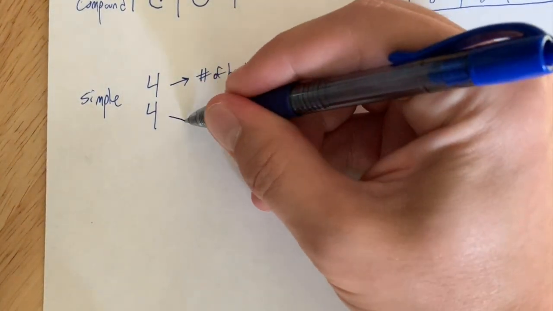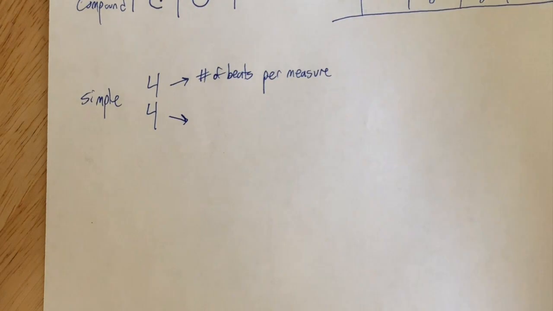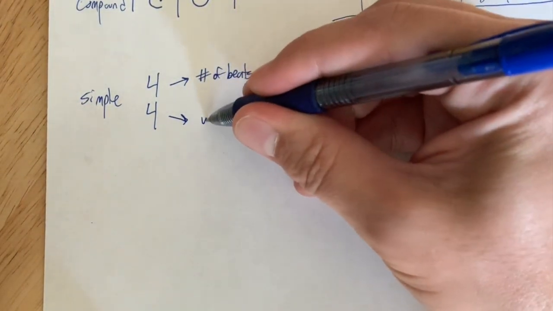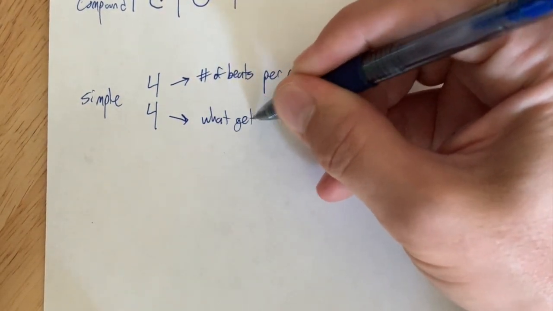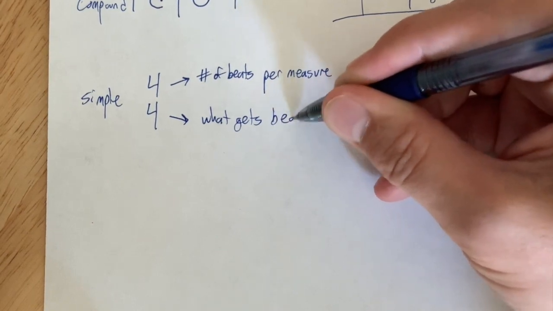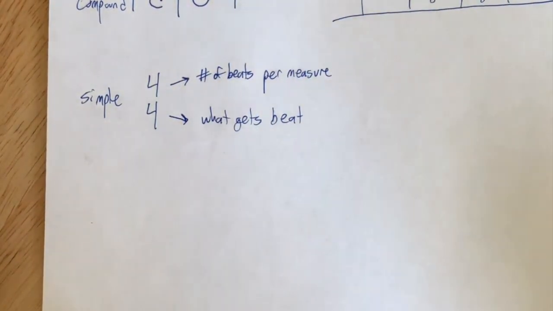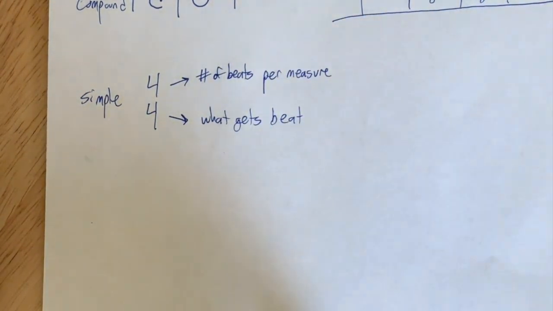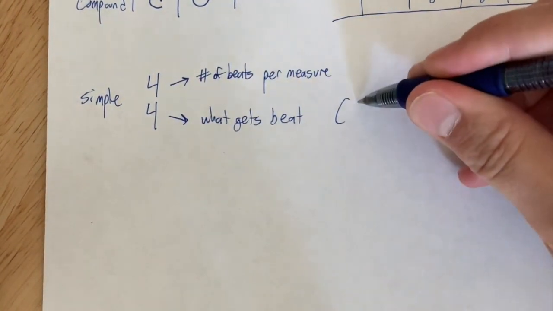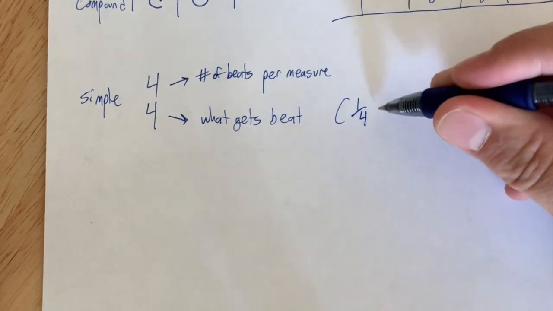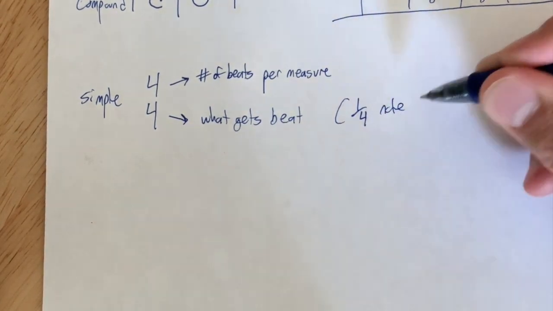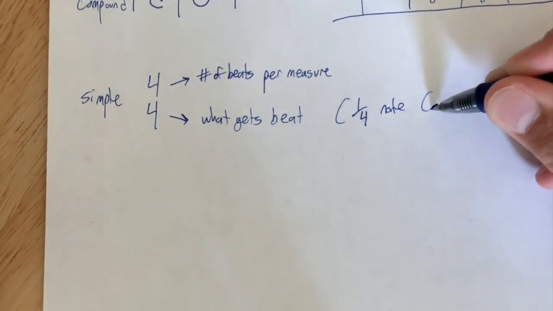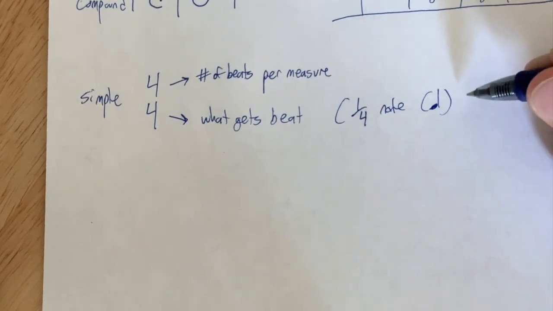And then the bottom number is what gets the beat. Or to be more specific, if you put the bottom number under 1 and express that as a fraction, so 1/4, that means a quarter note gets the beat. In other words, this guy, right?